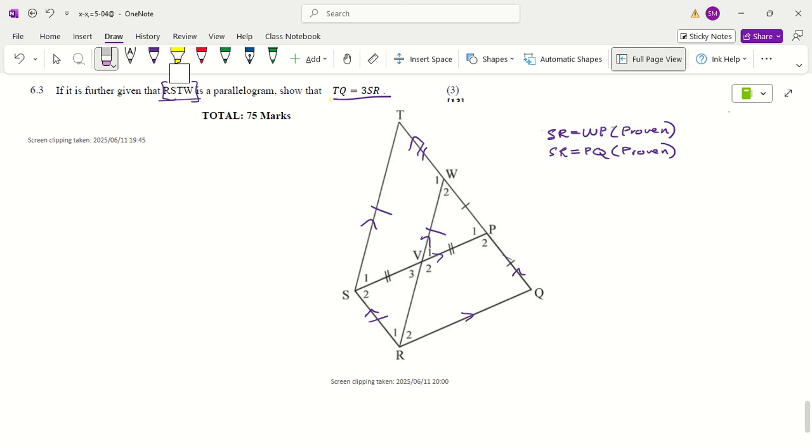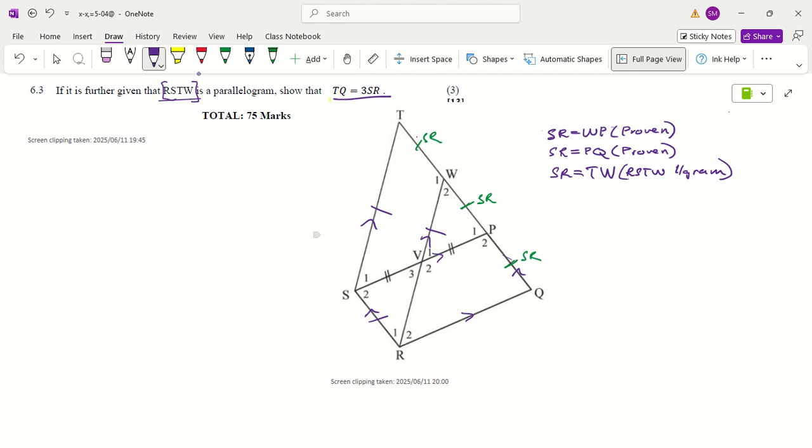So meaning SR, in fact, is also equal to TW, because in the question it says that RSTW is a parallelogram. Sides of a parallelogram are equal. So now what I'm going to note here is that this side is equal to SR, and this side is equal to SR, and also this side is equal to SR.